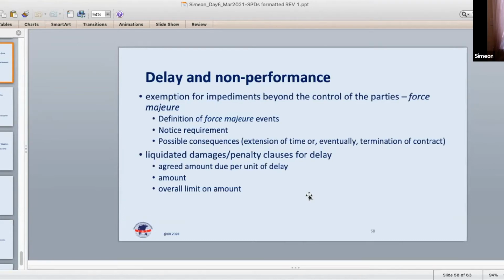Delay and non-performance, these are basically issues relating to when the delay is excusable. Typically, if the delay by the supplier or the contractor is due to circumstances beyond the control of the supplier or contractor, those are excusable delays. But again, here there is a notice requirement, just like in the case of warranties or performance guarantees.